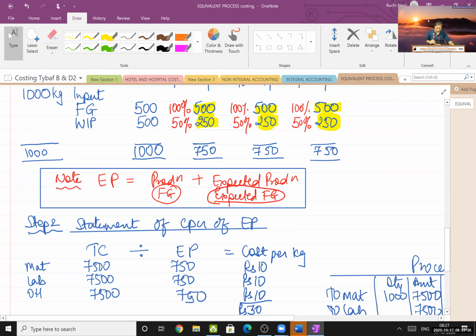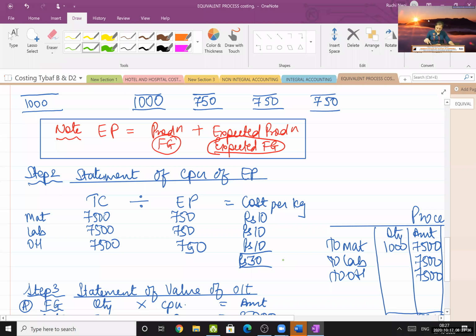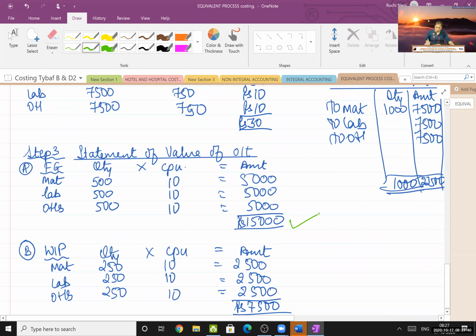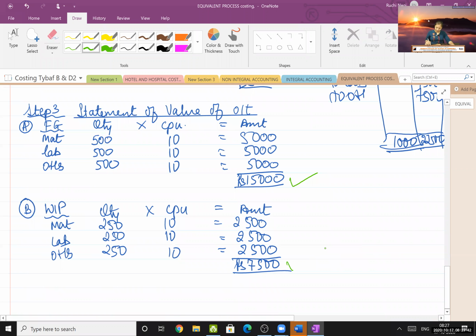Then step two, we calculated the cost price, that is the cost per unit of equivalent production with its individual breakup cost. Then step 3, we calculated the total cost of finished goods and the expected finished goods, that is my WIP. So this is what we have done till last lecture.